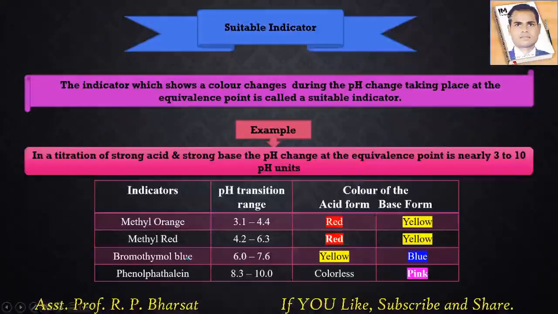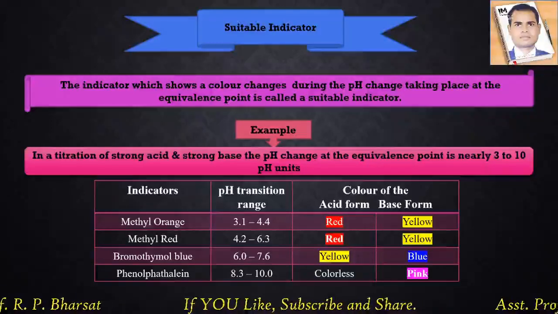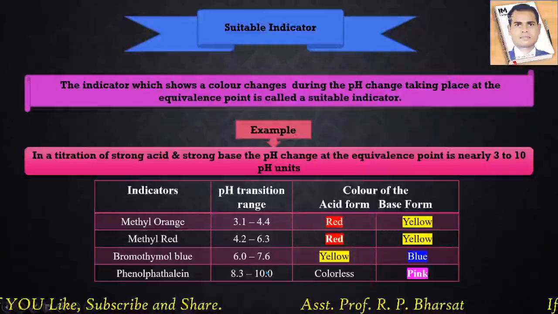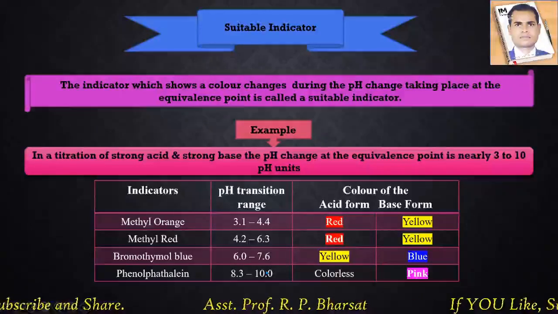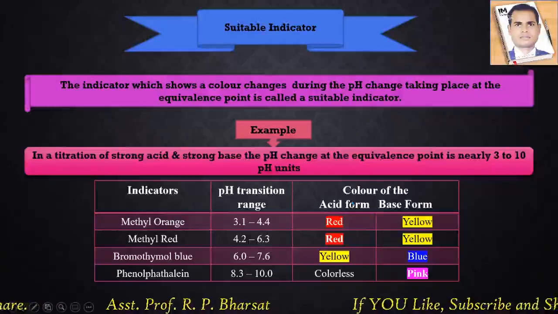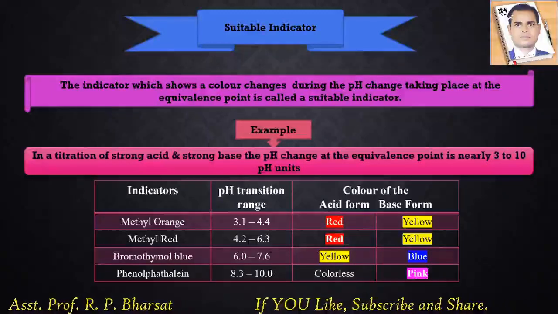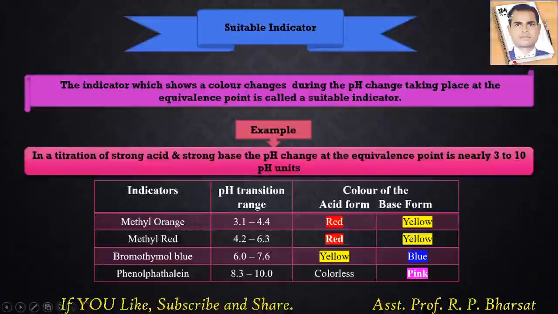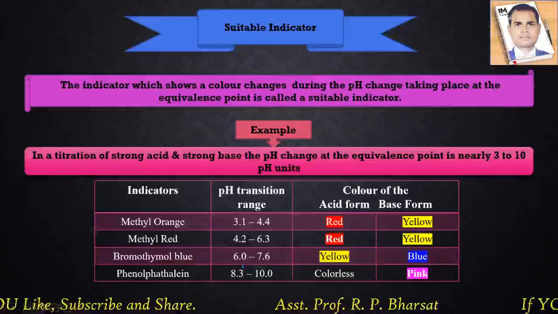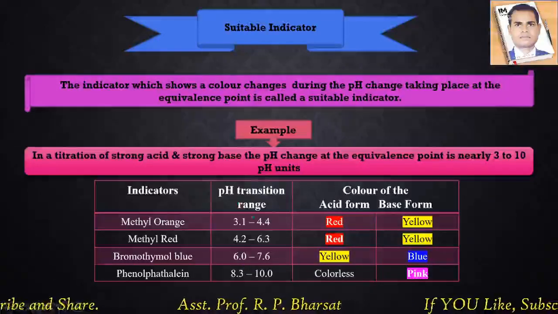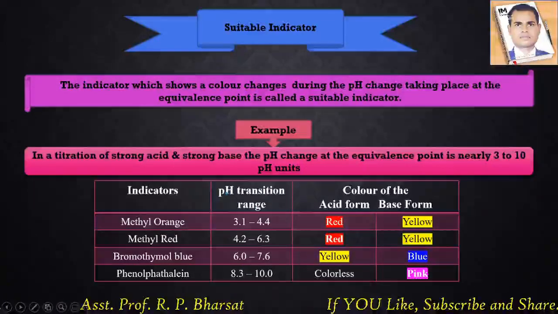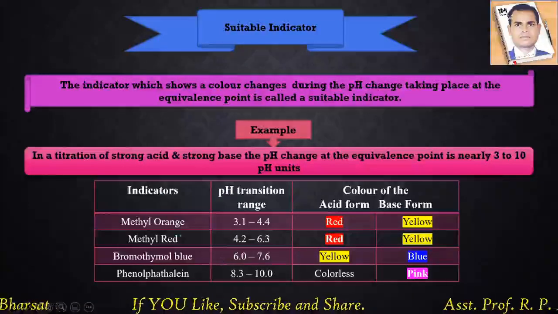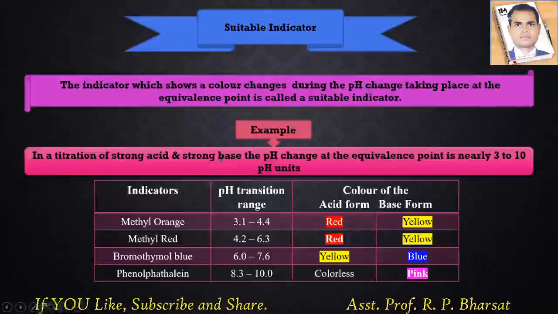The pH transition of those 4 indicators lies between 3.1 and 10, that means near about 3 to 10. It means in this titration all these indicators show their color changing action within this pH transition range, so all these indicators are suitable for this kind of titration.